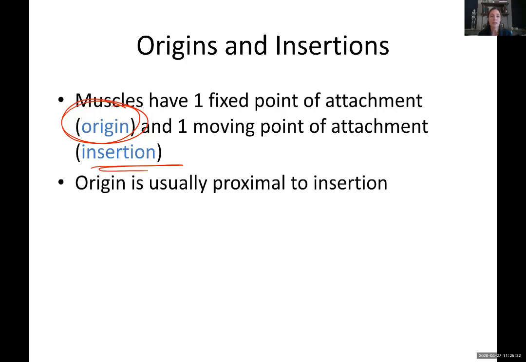We have some muscles that might be sitting right next to each other, but because one inserts on the front of a joint where the other inserts on the back, they actually have opposite actions. So sometimes looking at the origin and insertion helps you understand their action, but just know that you don't need to identify the origin and insertion for these exams.